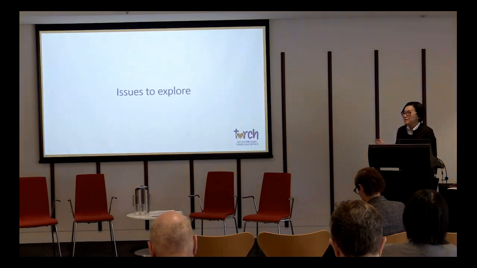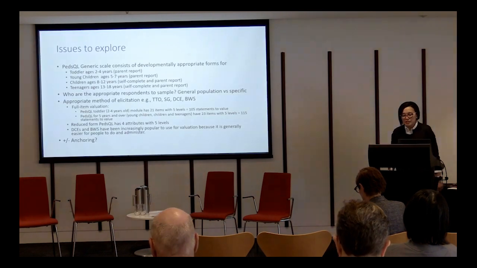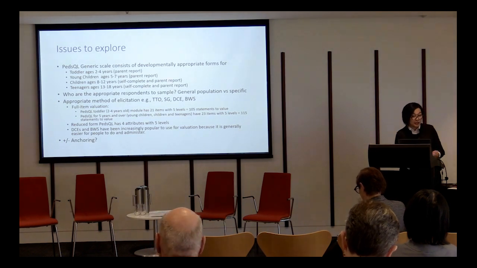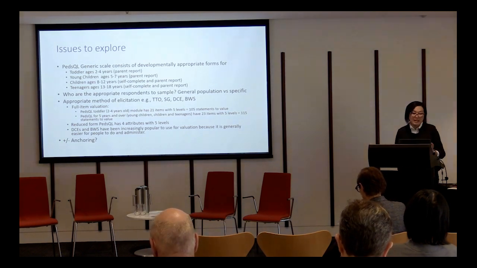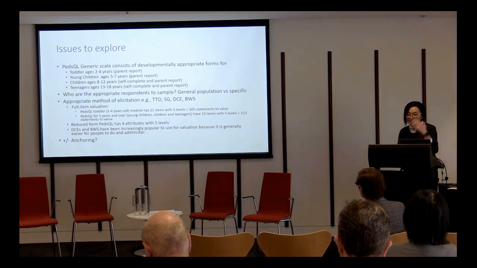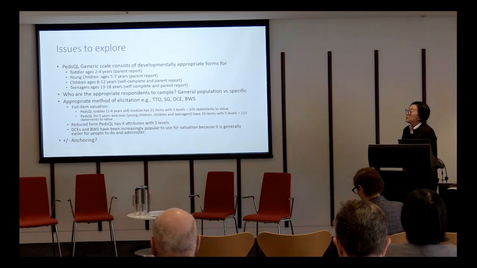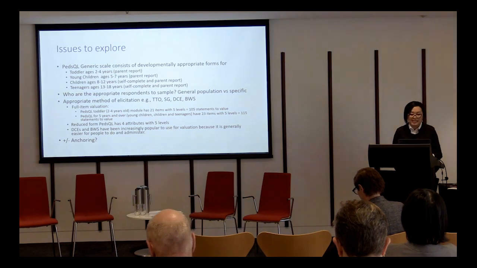What are some of the issues or challenges we need to think about when measuring quality of life in children? The first is understanding the nuances of your instrument. The PET score is quite an extensive instrument with multiple modules or versions. We have the toddler version for ages 2 to 4, young children ages 5 to 7, children ages 8 to 12, and teenagers 13 to 18.